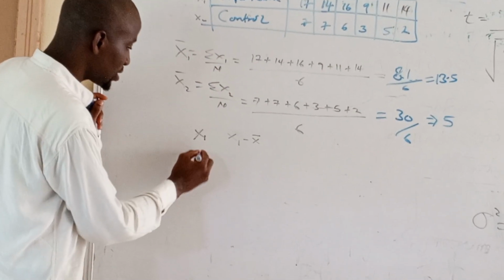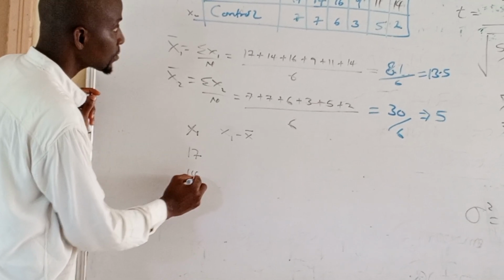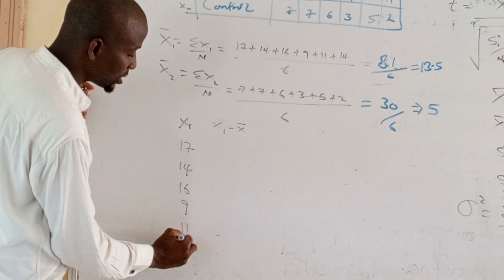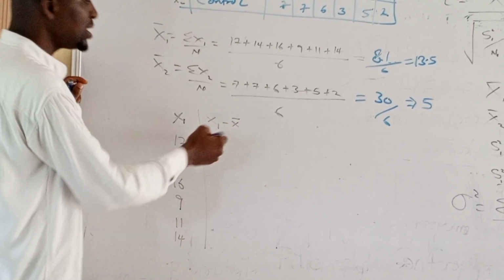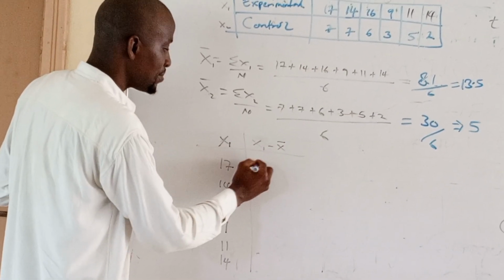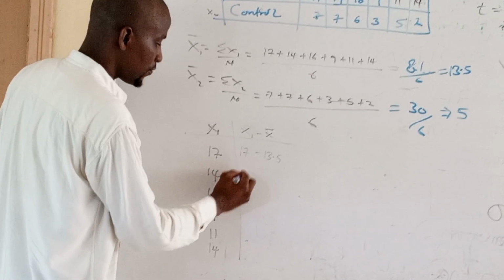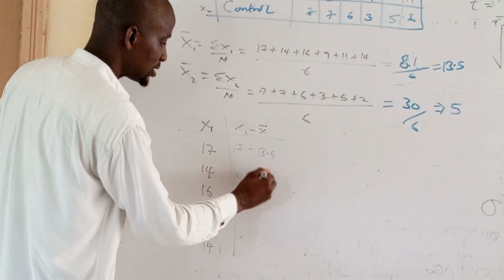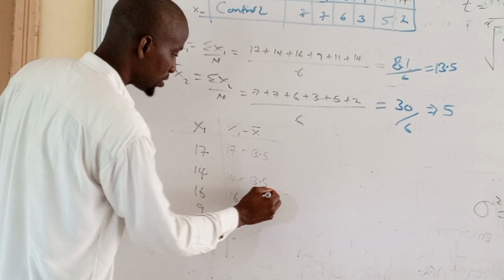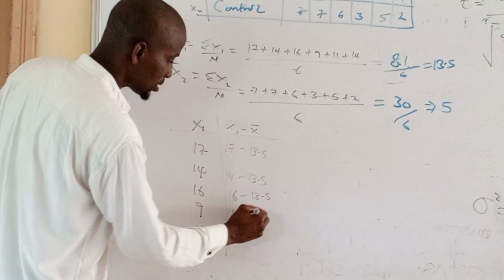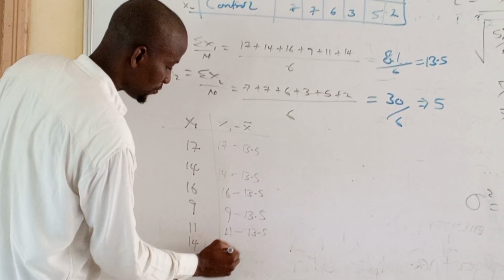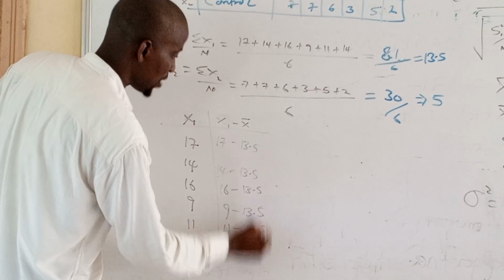If our x1 is 17, 14, 16, 9, 11, and 14 respectively, then our mean is 13.5. That implies that it's going to read 17 minus 13.5, 14 minus 13.5, 16 minus 13.5, 9 minus 13.5, 11 minus 13.5, 14 minus 13.5.